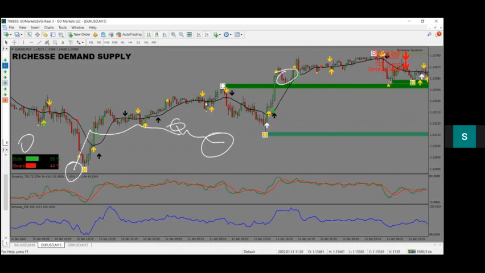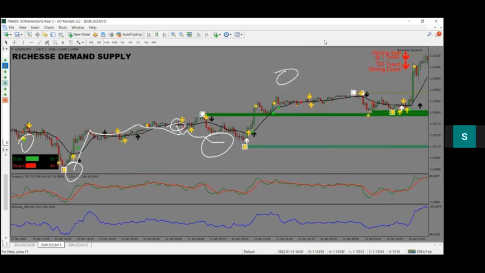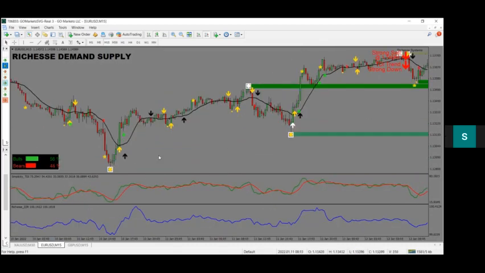You can go backward and check on the charts. This was a strong reversal. This was a strong reversal. This was a strong reversal. And this will show you buy and sell many times.